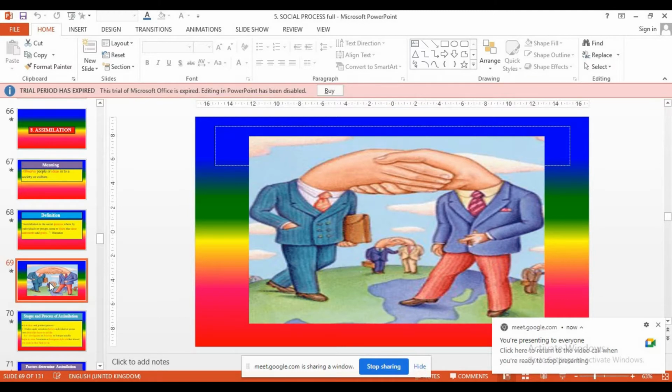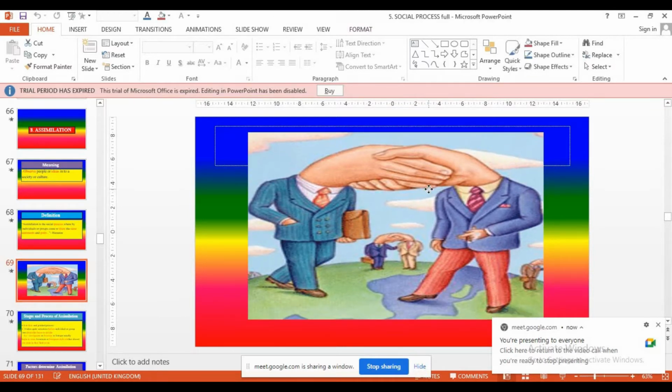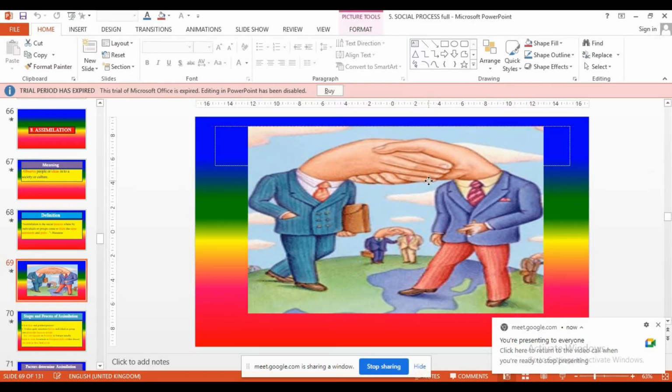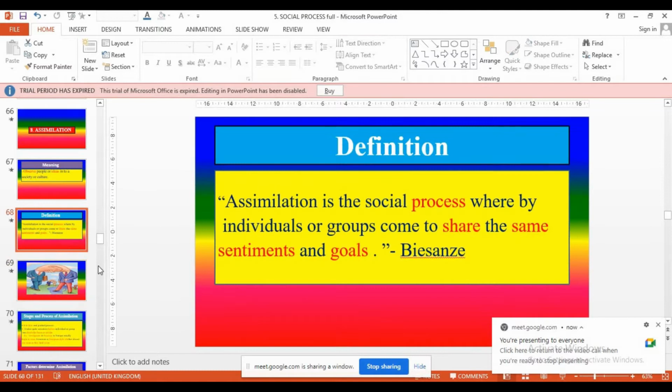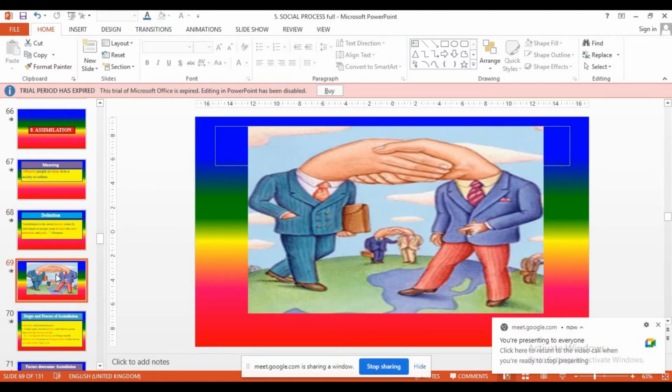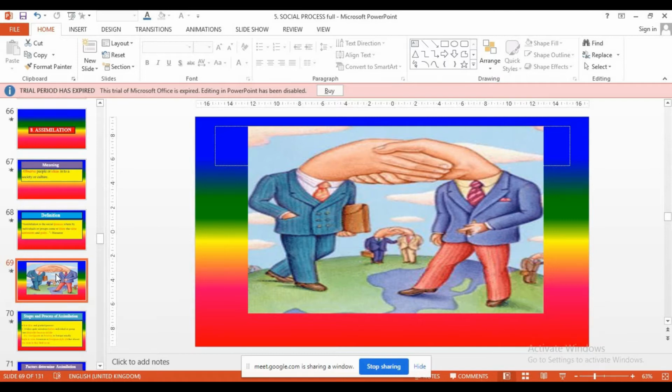Look at this: sharing goals and sentiment to maintain similarities. One classic example is a new environment, for example an orientation program. When you join a college, on the first day, what will you do?